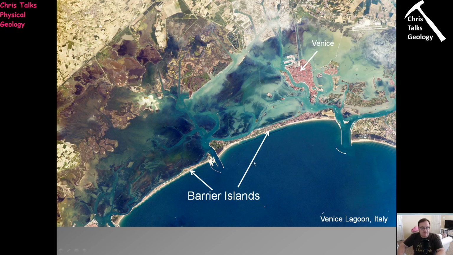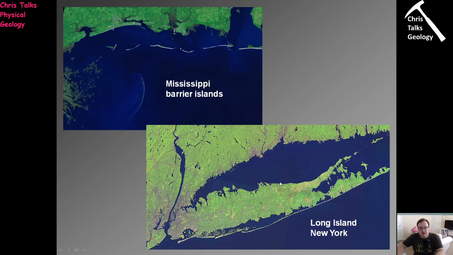Now the lagoon itself changes depending on what type of lagoon you're dealing with, and it depends on the amount of communication that the lagoon has with the open ocean. So let's look at two extreme examples. These are the Mississippi barrier islands. You can see here they are all running parallel to the coast there. So here's the Mississippi Delta right there. Now what you'll notice is the area behind here is protected by the islands, so it's technically a lagoon.